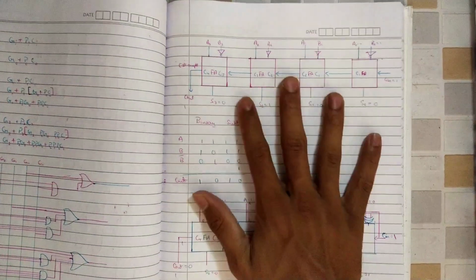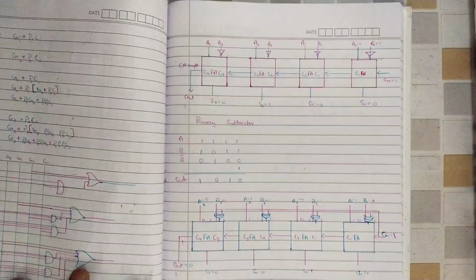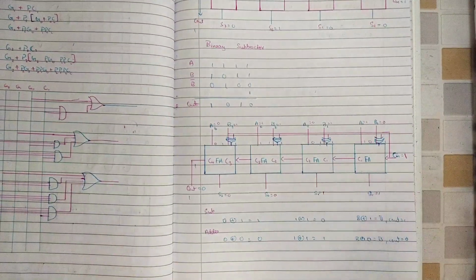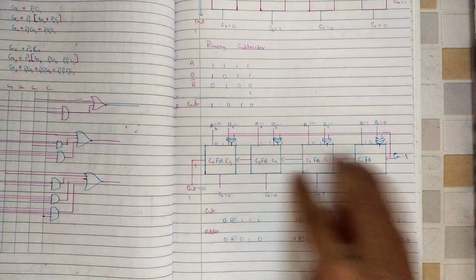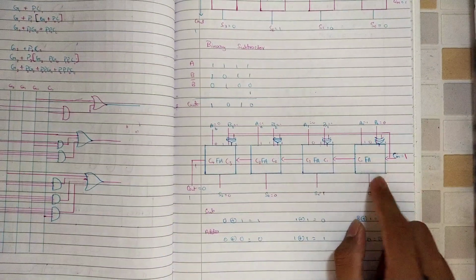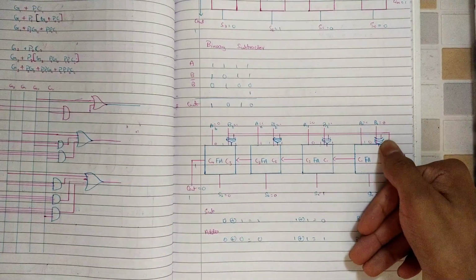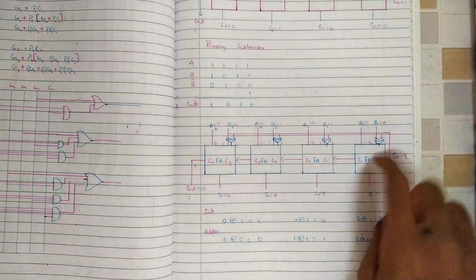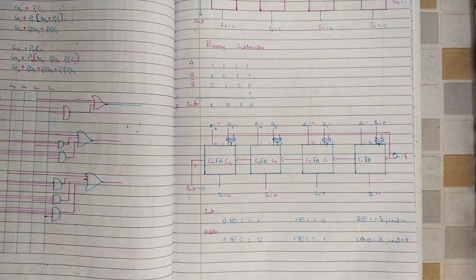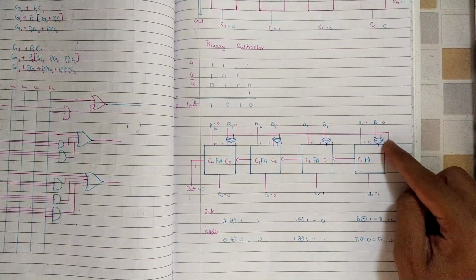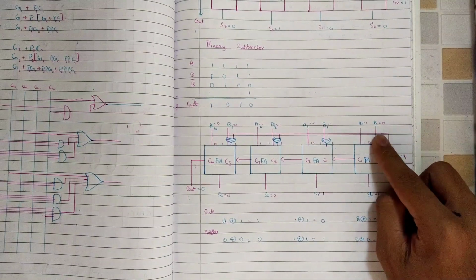Another thing, see here, this is one important thing which might be asked. Even I don't know what it is called, but see this diagram. Here you have an exclusive gate instead of the normal NOT gate: a 2-input XOR gate, in which one input is your carry in and another input is your B naught.